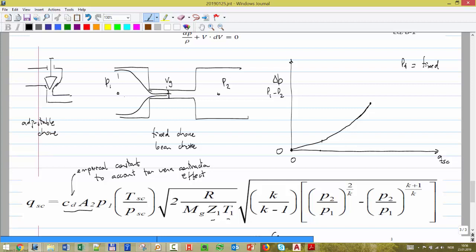What does it mean? That it reaches Mach 1 at this point. Let's say sonic velocity of the gas equal to the velocity of sound in the fluid.